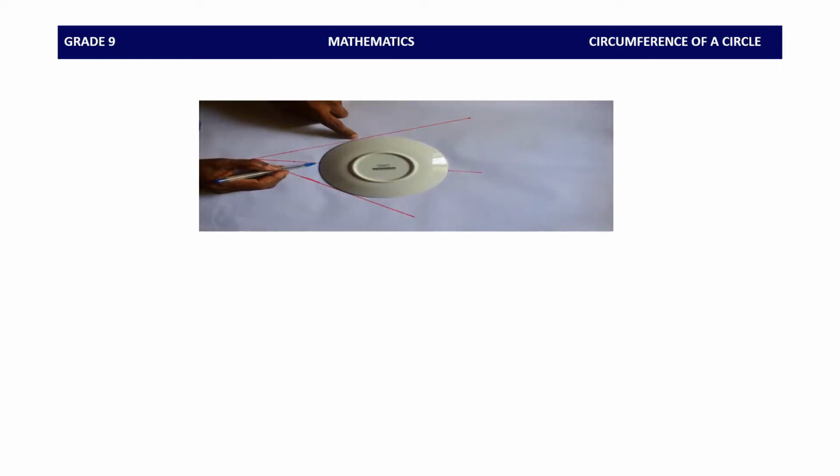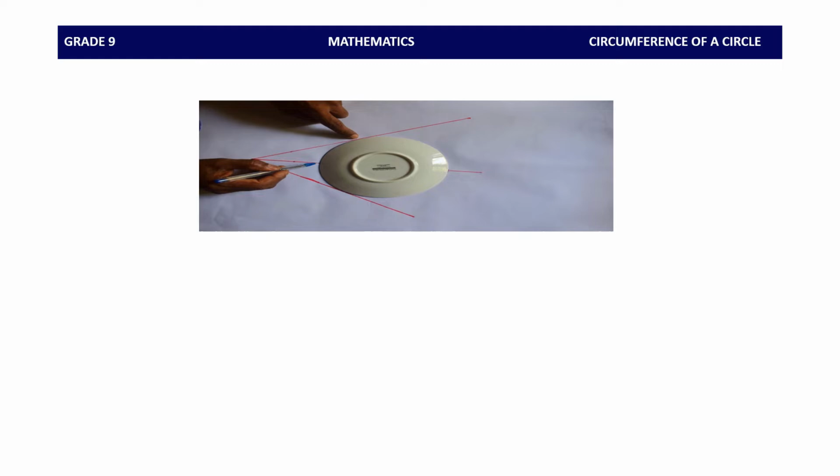Now, we are going to see another method of measuring the diameter. On a Bristol board, draw any angle and draw the angle bisector of that. Keep the circular object on the angle such that the edges of the circle touch the two arms of the angle.